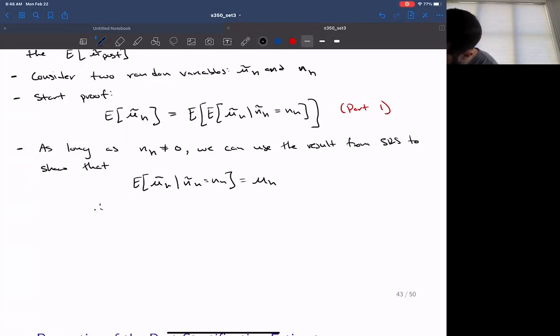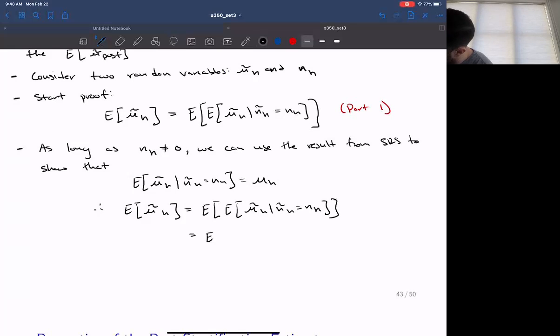So therefore, the expected value of mu tilde h is equal to the expected value of the expected value of mu tilde h given little nh equals nh, which is equal to the expected value of mu h, which is equal to mu h. And then we'll call that part 2.